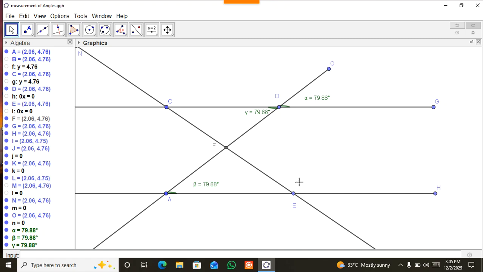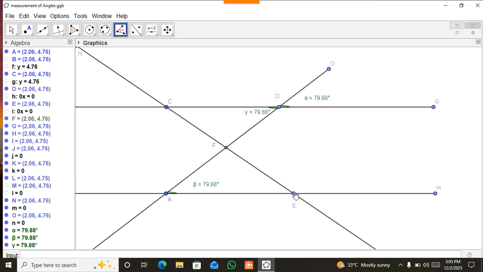Let's measure angle EFD again. In this case, click on the measure angle icon. I'm going to click the points E, F, D in a clockwise direction in order to measure the internal angle that forms.